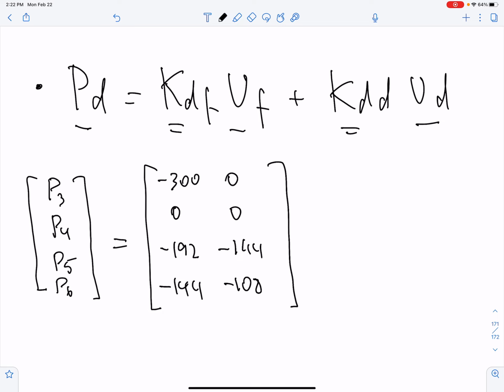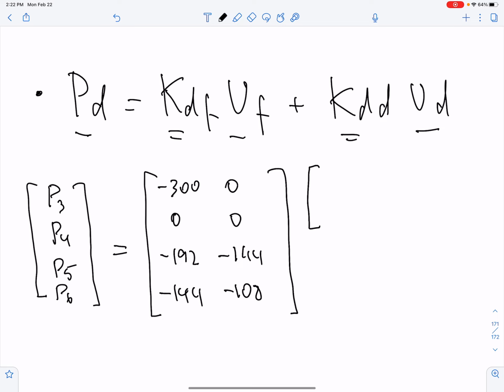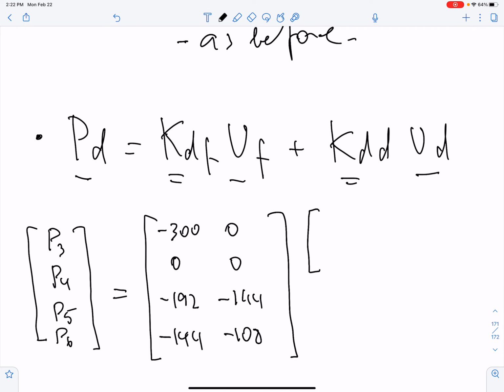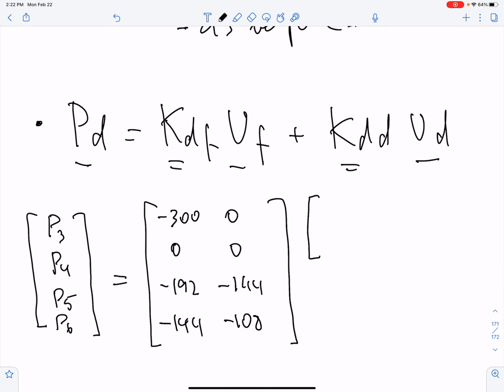And this multiplies the two displacements that I've computed, again very algorithmic: 0.0400 and minus 0.1367. So this is this piece.